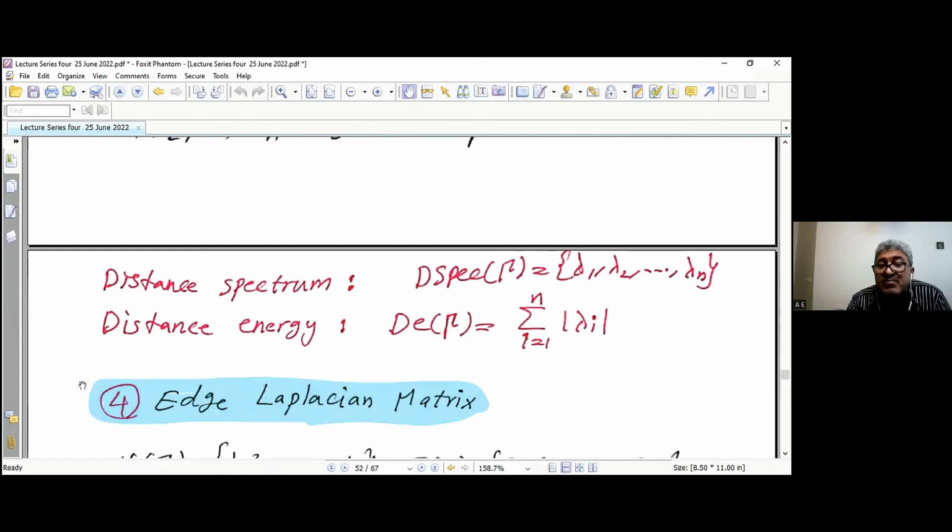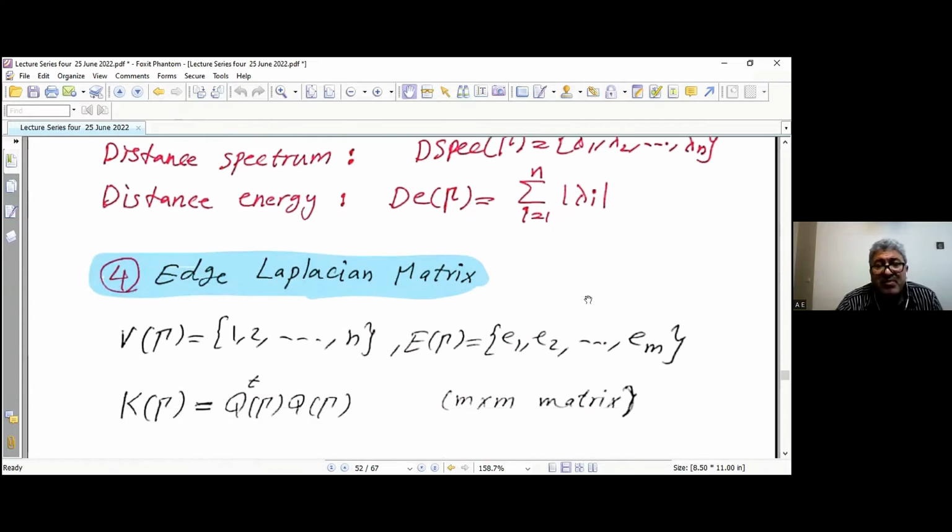The distance spectrum, which we may denote by D spectrum of gamma, is again the set of all eigenvalues of the distance matrix. And the distance energy, this is number 4 of the energies. That's another energy associated to the distance matrix, and it is the sum of absolute values of all eigenvalues of the distance matrix.